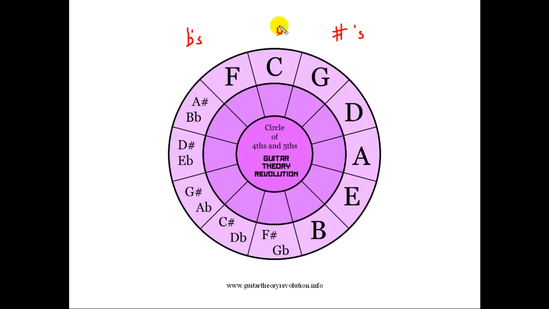C has 0 sharps and flats. G has 1. D has 2. A has 3. E has 4. B has 5. And F sharp or G flat has 6. Or you could say it has 6 flats. This one is 5 flats, 4 flats, 3 flats, 2 flats, 1 flat.